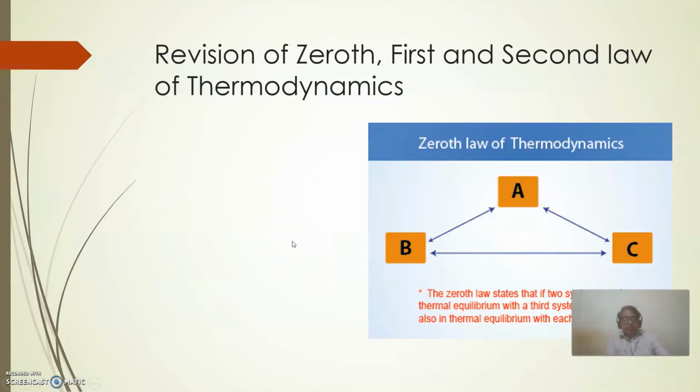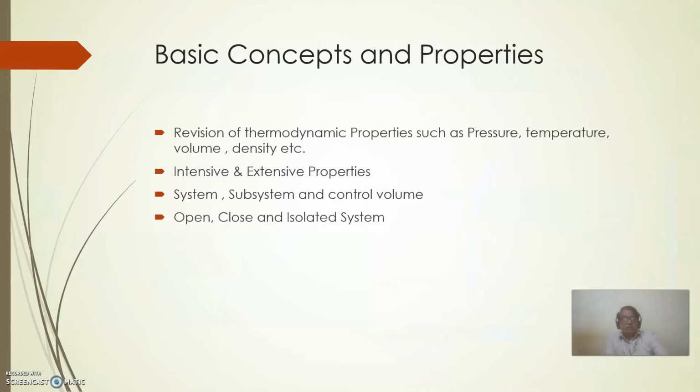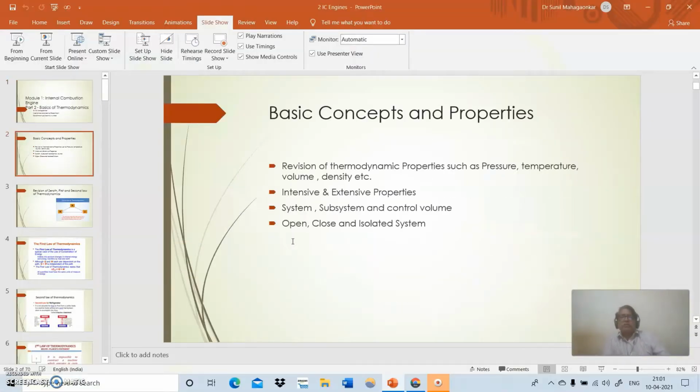So first of all, before going to the zeroth law of thermodynamics, the first one is the properties. We have already studied the different thermodynamic properties. These are nothing but pressure, temperature, volume. So what is a property?